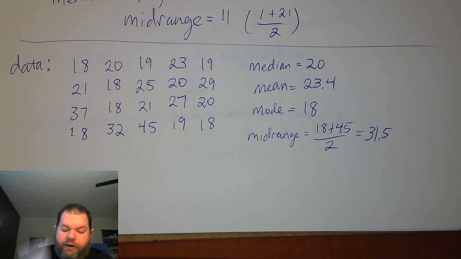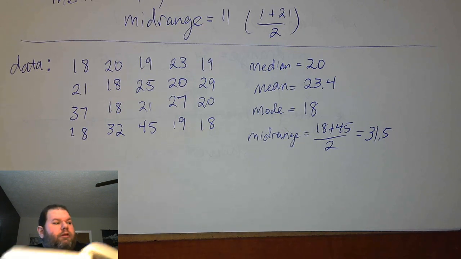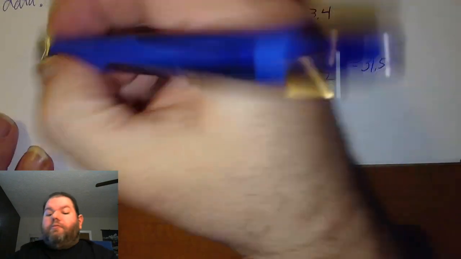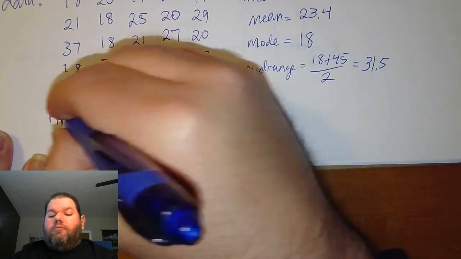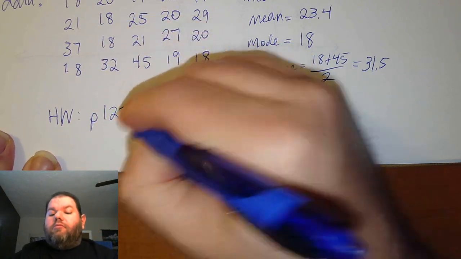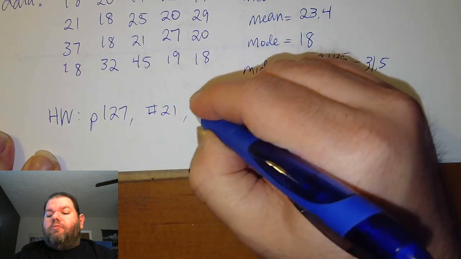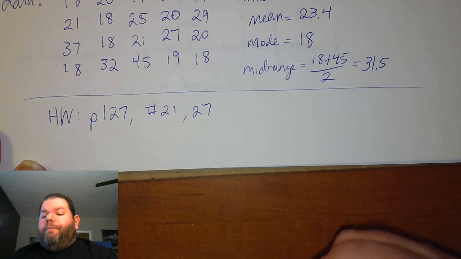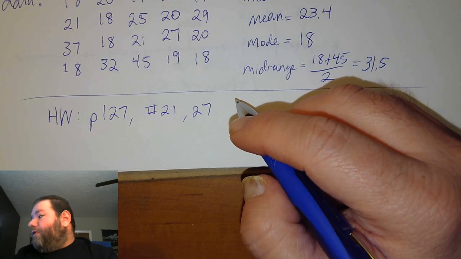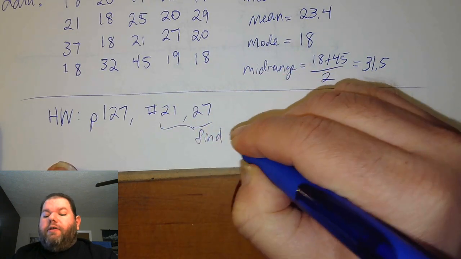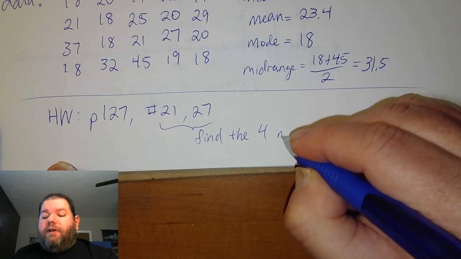So on page 127, I want you to look at 21 and 27. And for those problems, rather than following the instructions that they give, just find the four measures of central tendency.